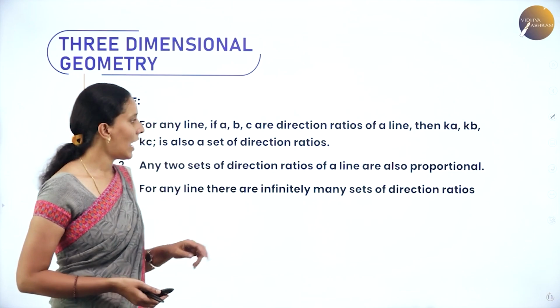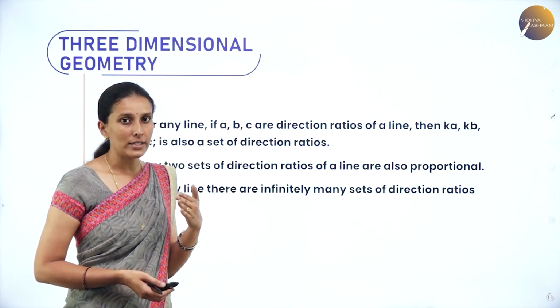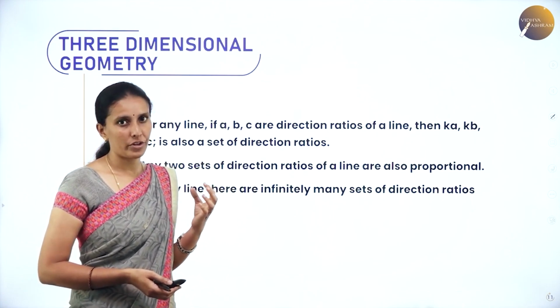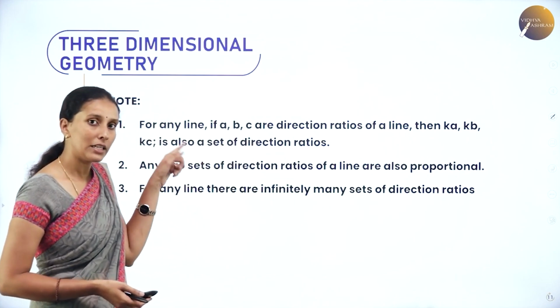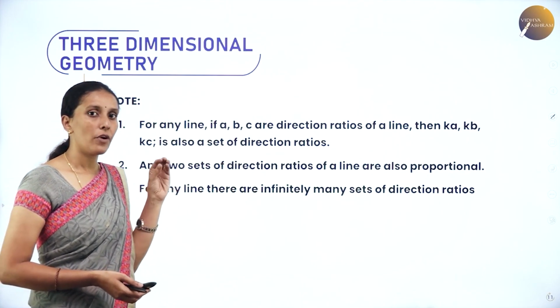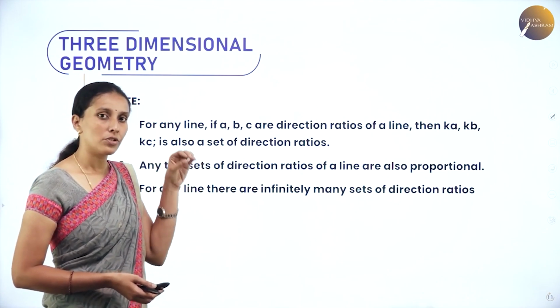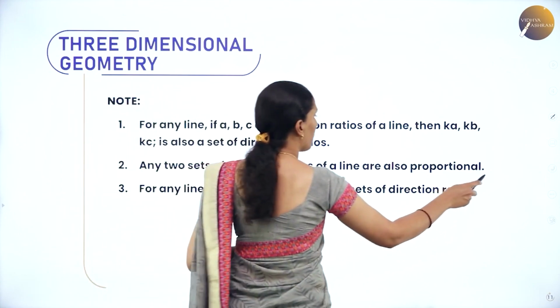Now, for any line, if A, B, C are the direction ratios of a line, then any constant multiplied to all the direction ratios, like Ka, Kb, Kc, is also direction ratios of the given line. And if you have two sets of direction ratios of the same line, then they are proportional.